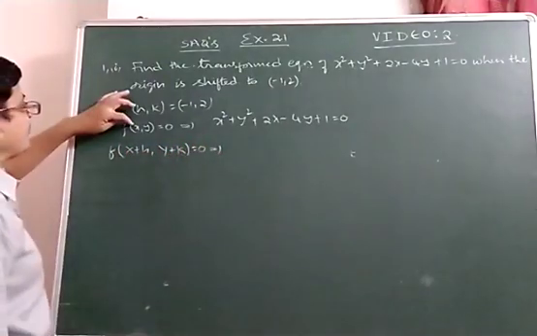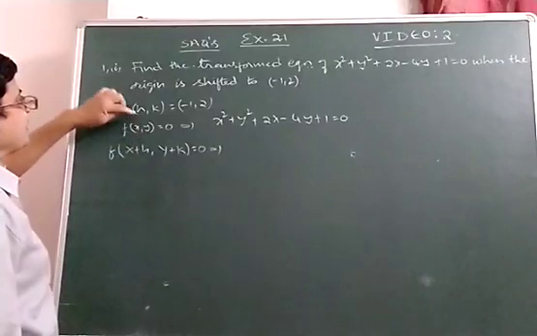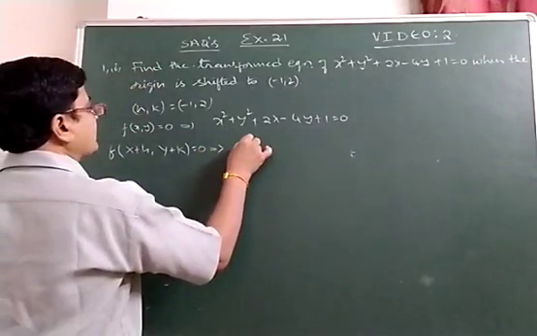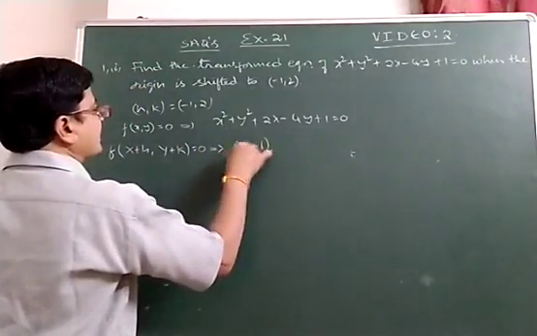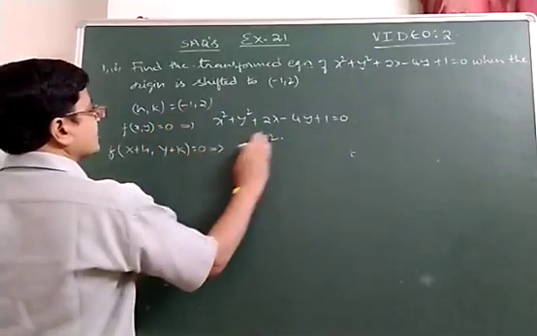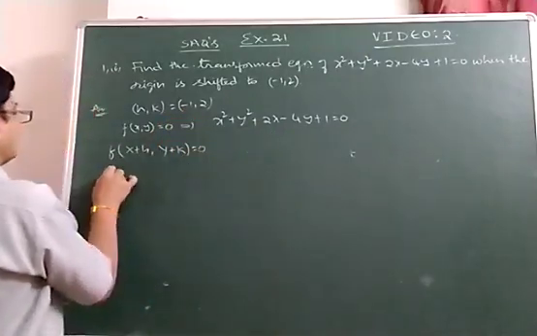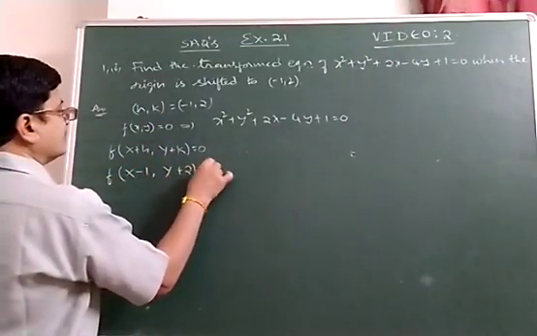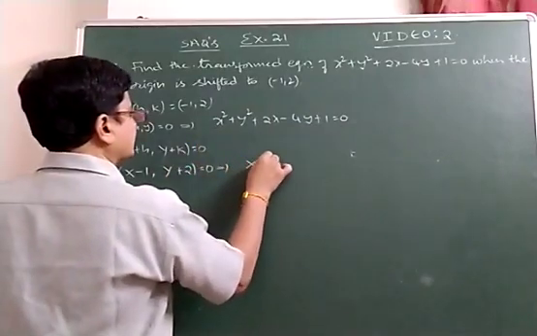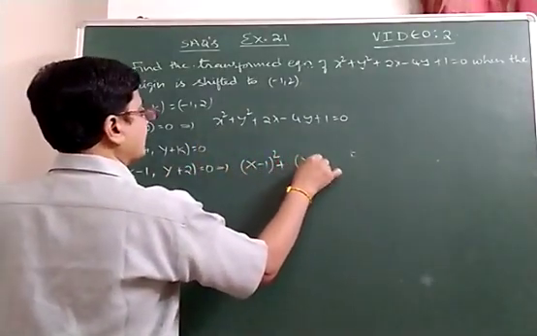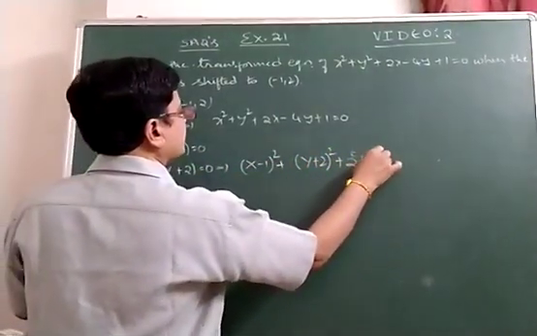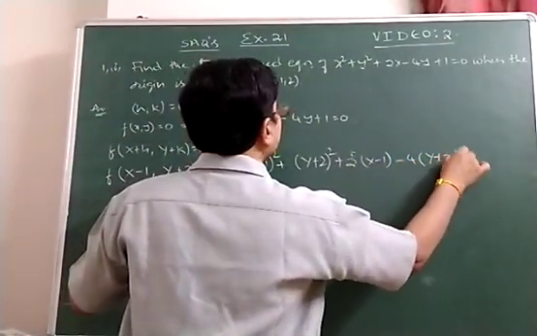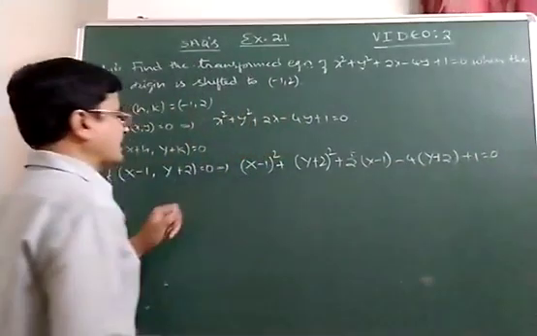That means x is replaced by capital X plus h, where h means minus 1, so f of capital X minus 1 comma capital Y plus 2 is equal to 0. That implies capital X minus 1 whole square plus capital Y plus 2 whole square plus 2 into capital X minus 1 minus 4 into capital Y plus 2 plus 1 is equal to 0. This is the transformed equation.